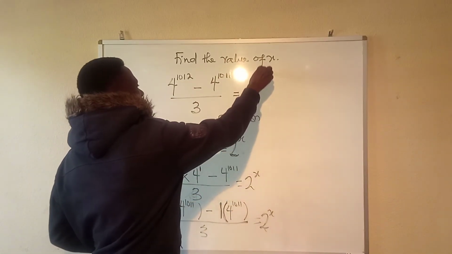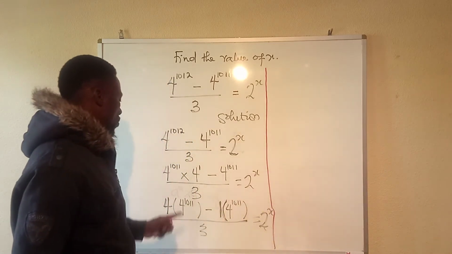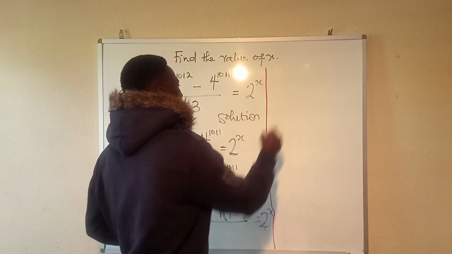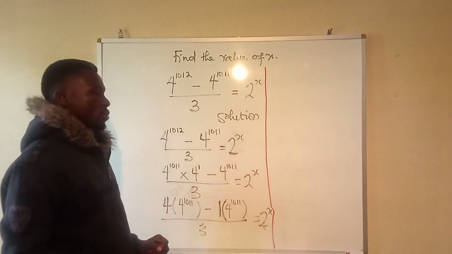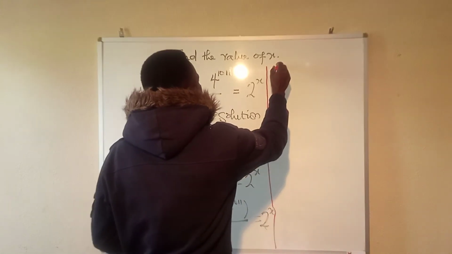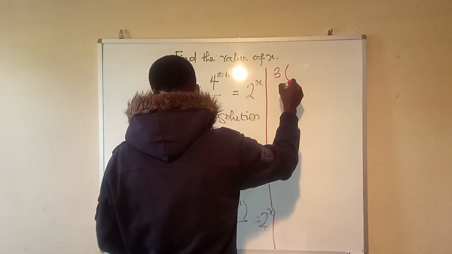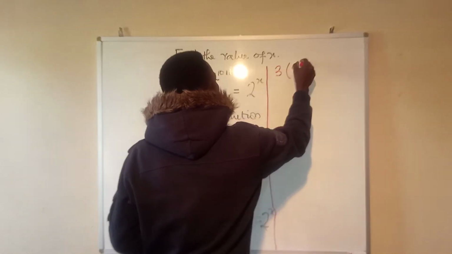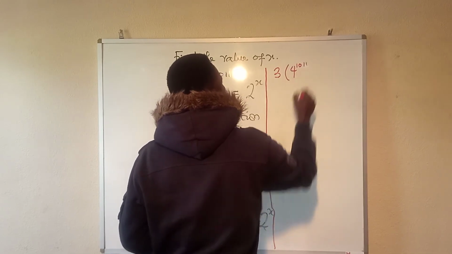So now let's rule a line over here. So now we shall have 4. Now when we subtract 1 from 4, we shall have 3. So we shall have here 3 multiplying 4 to the 1011.